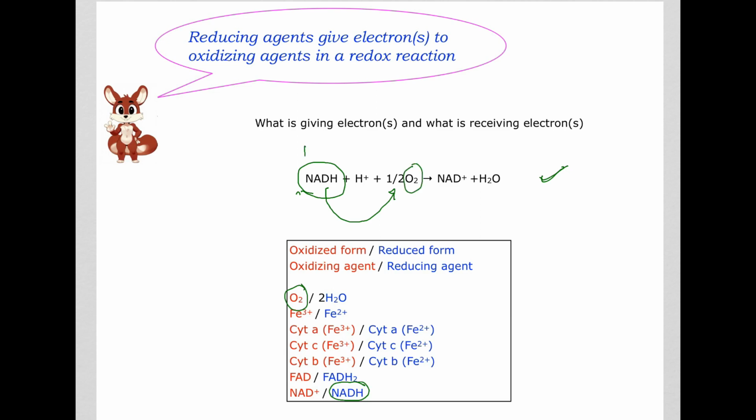So basically, in a redox reaction, the reducing agent is giving one or more electrons to the oxidizing agent. After this redox reaction, the reducing agent becomes oxidized, while the oxidizing agent becomes reduced. So that is what a redox reaction is. A redox reaction is the donation of electrons from one reactant to another reactant.